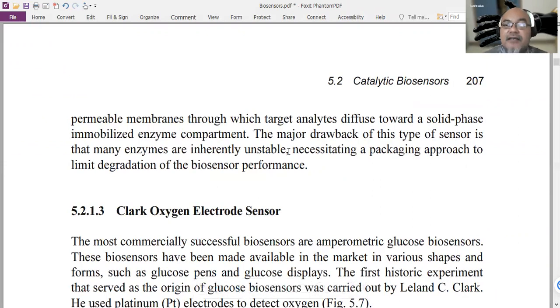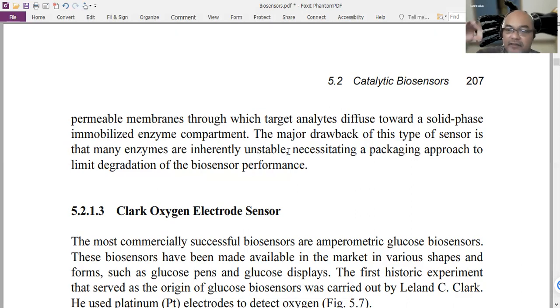you purchase, in the case of glucose biosensor, if you go to a pharmacy, to Dr. Watson or Guardian, the electronic can be used many years, but the sensor itself is inside the sensor strip. It is packaged in vacuum encapsulation. When you open it, it will expire within several days.